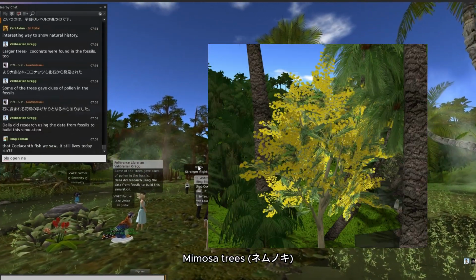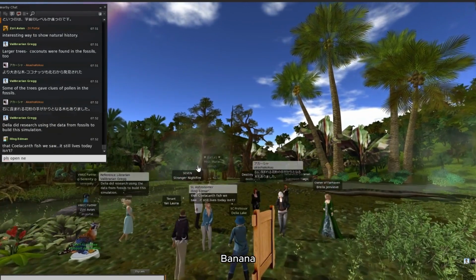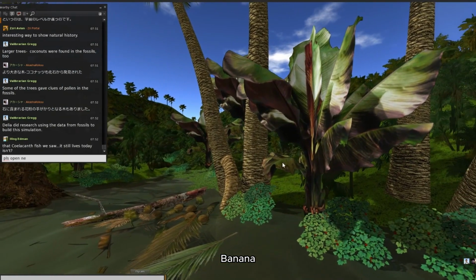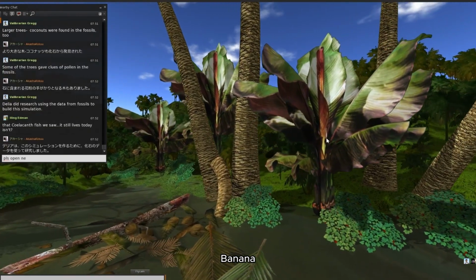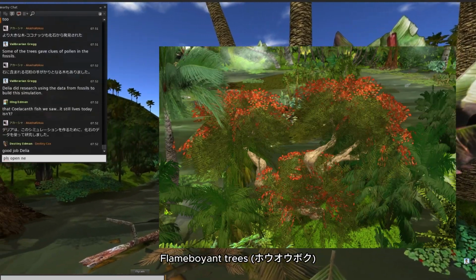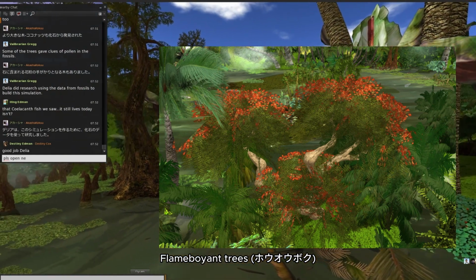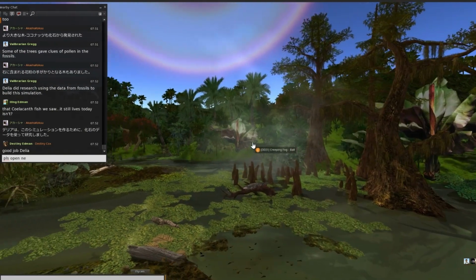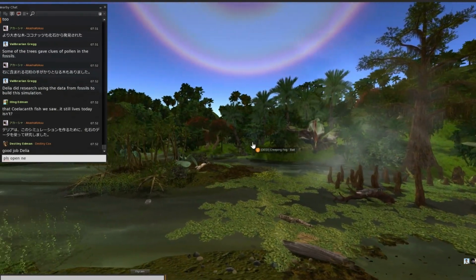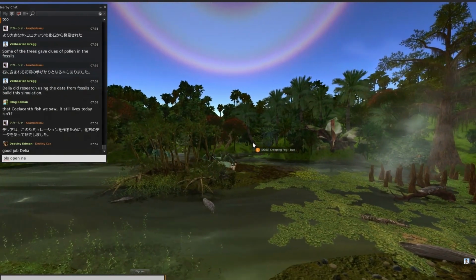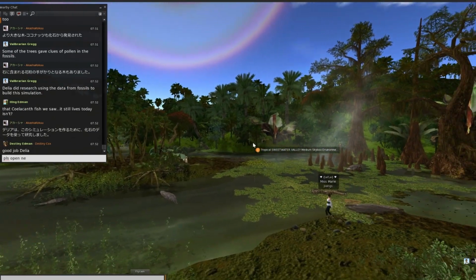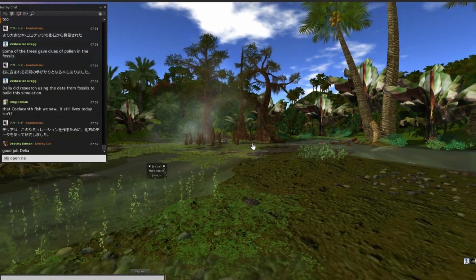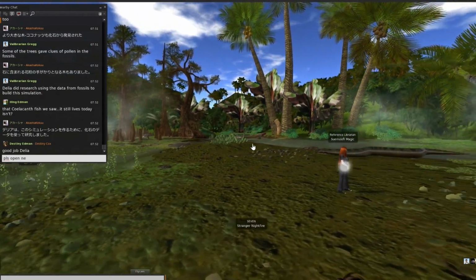And we have bananas. And we also have the flamboyant trees. So all of these are modern day versions that are as similar as we can figure from the pollen and the leaves that are in the fossils.